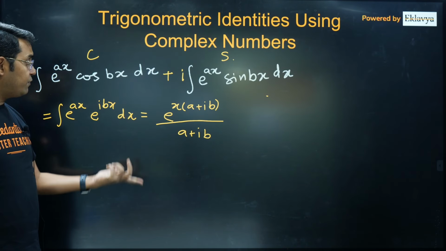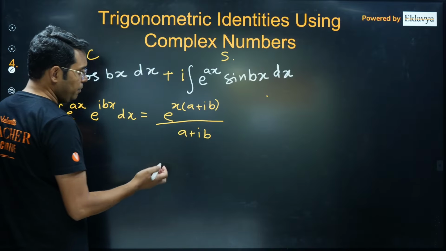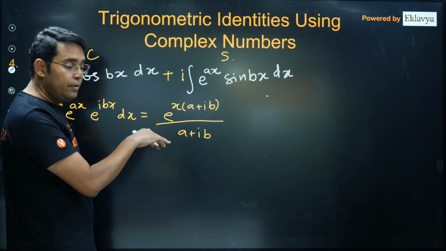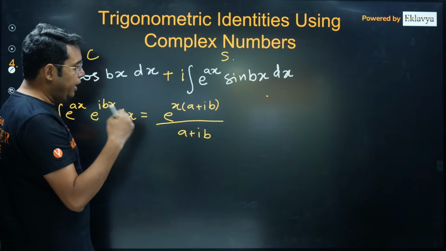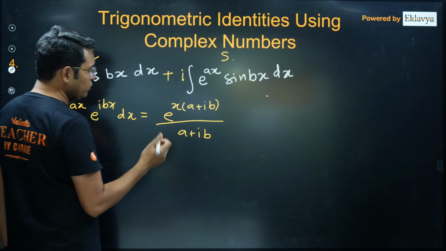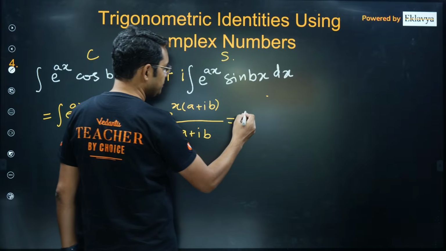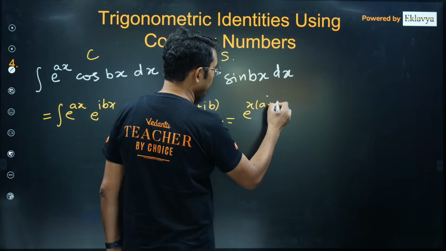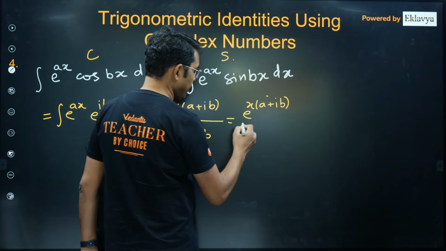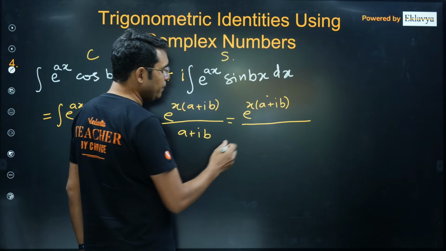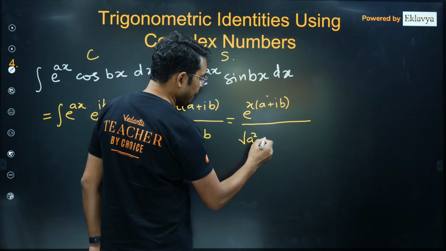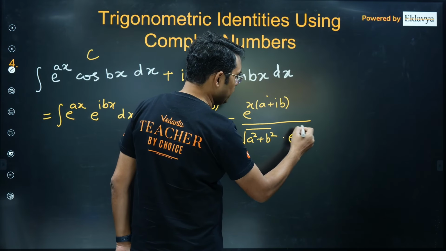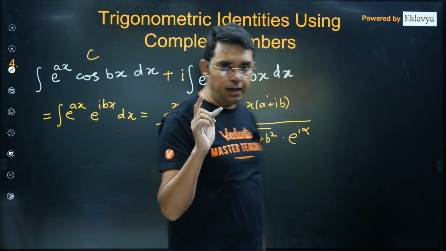Okay, now after that I think it's simple. Maybe you can rationalize this, or you can say multiplying by a minus ib in numerator and denominator. That way you can do it, but I will do it slightly differently. Please see, e^(x) into a plus ib. I can write a plus ib as its modulus into e^(iα). Alpha is the argument.